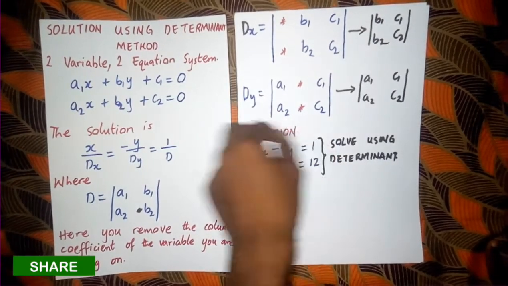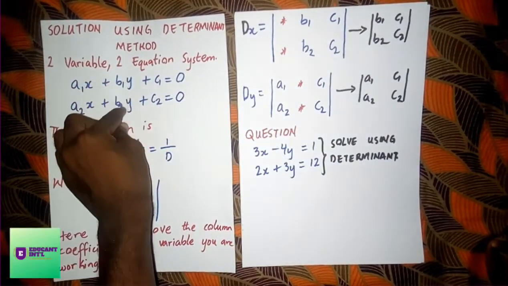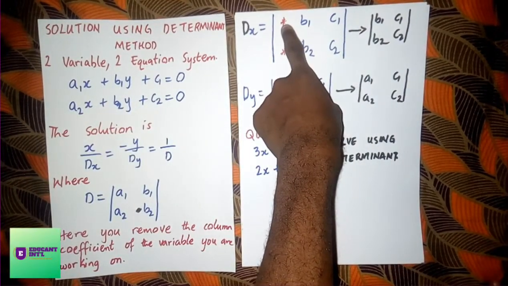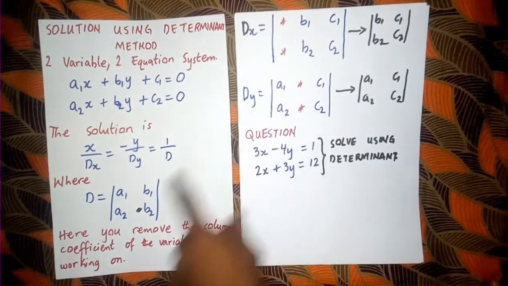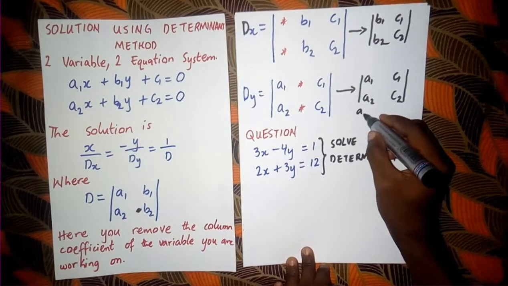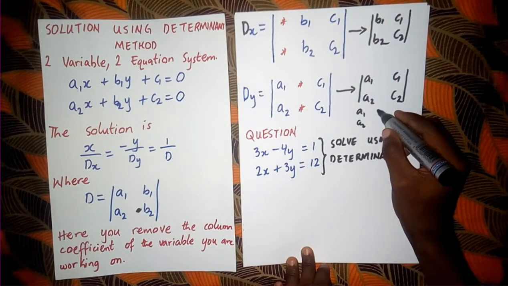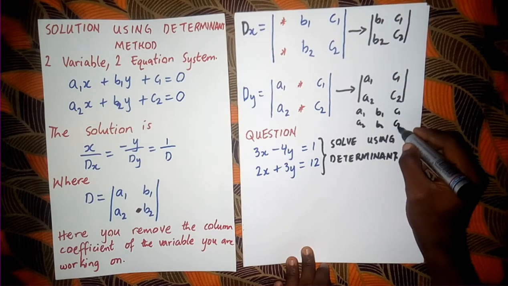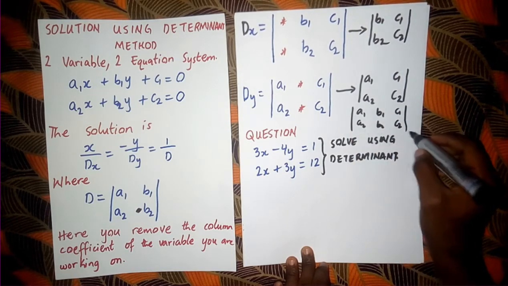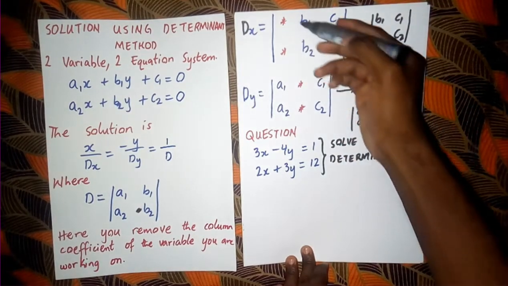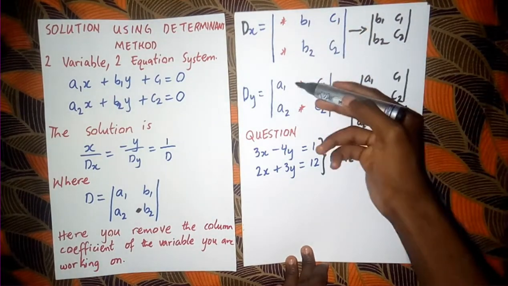We have our dy, y is gone, we just take these two like that. So I just put asterisks when we write everything straight: a1 a2 b1 b2 c1 c2, all positive, and the asterisks are for the ones that have been removed.